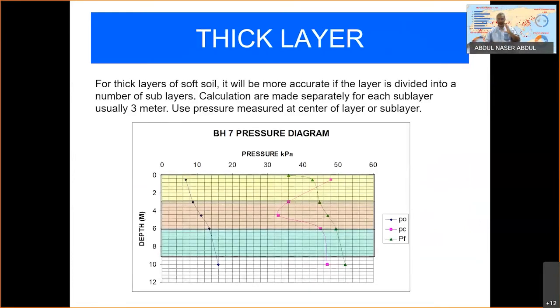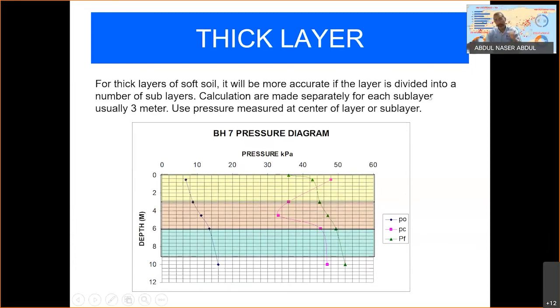Okay, now remember just now that in the formula we have H. H is the thickness of the clay layer, right? So for more accuracy, what we usually do in calculation is divide the layer into a few sub layers, so calculation can be made separately for each sub layer.